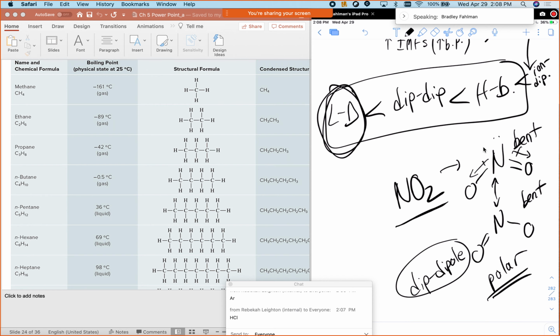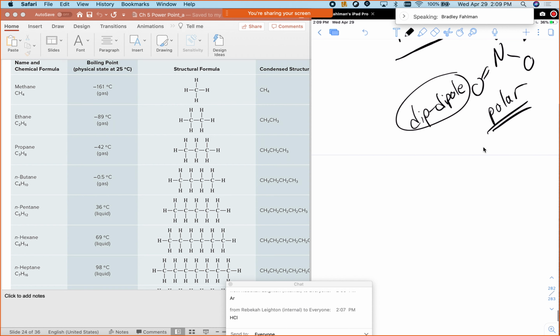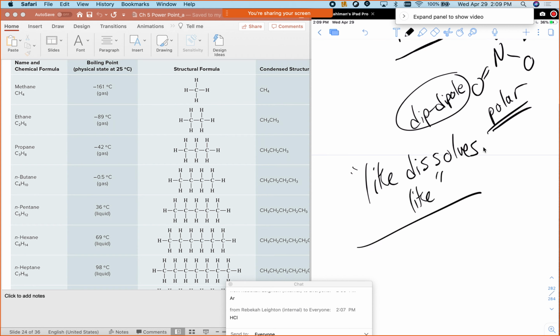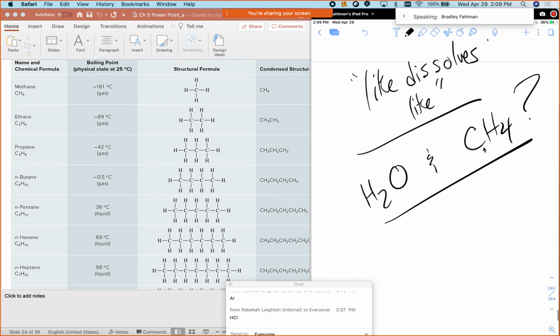Another type would be to give you two substances and ask if they're soluble in one another. Like dissolves like. So for instance, what do you think about those two? Water and methane. Are they soluble?